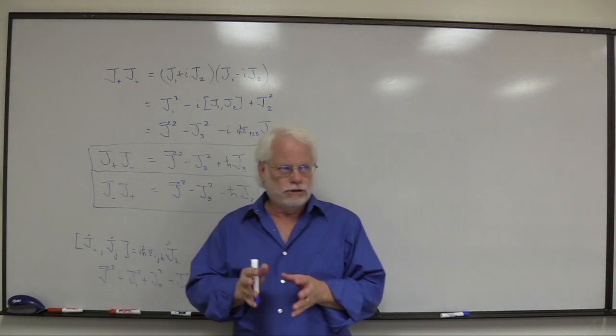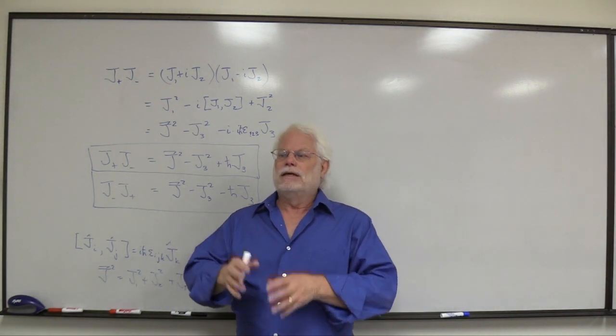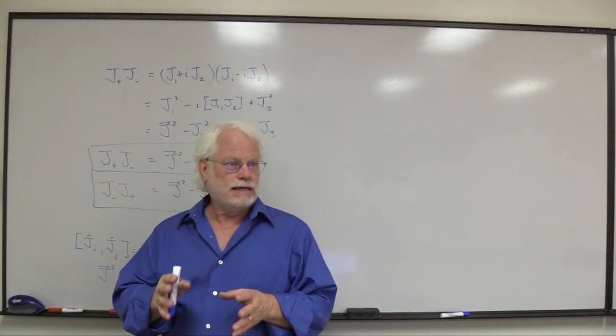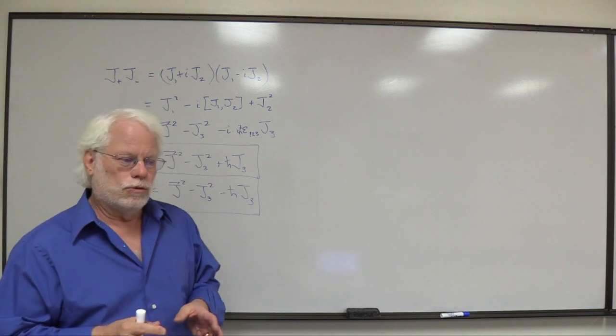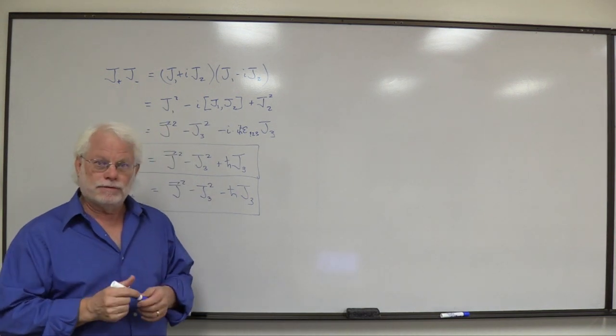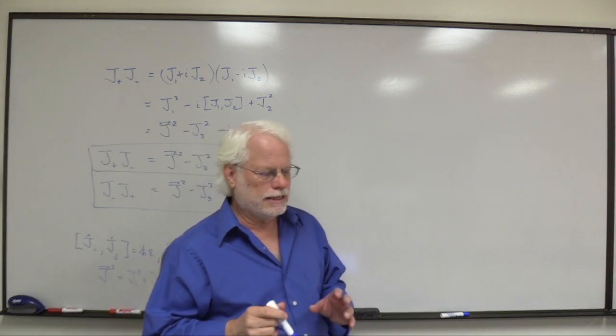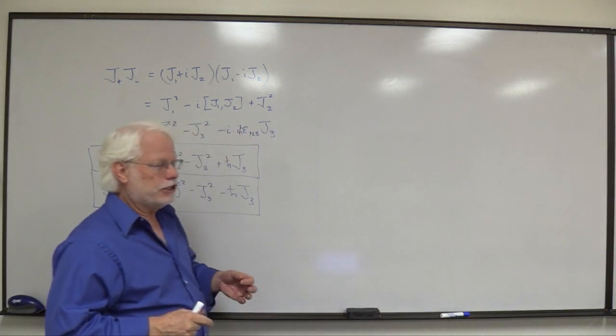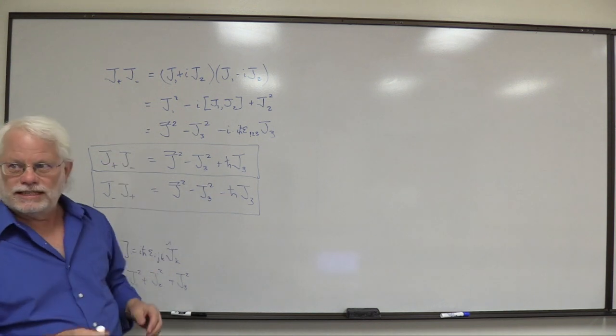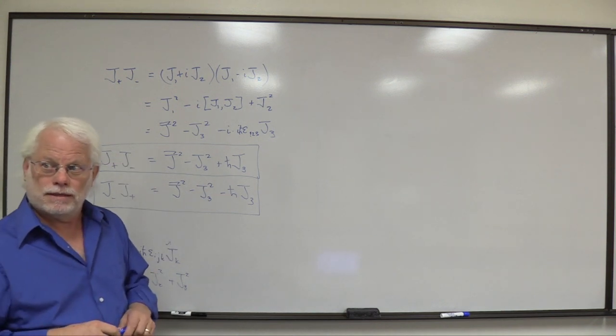Notice that SU2 is a two-dimensional representation. SO3 is a three-dimensional representation. We're going to find a representation of every dimension. So we'll see that there are vector spaces of every dimension on which these J's act in a sensible way.